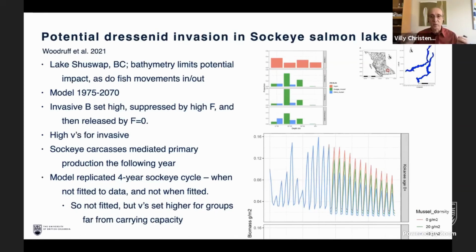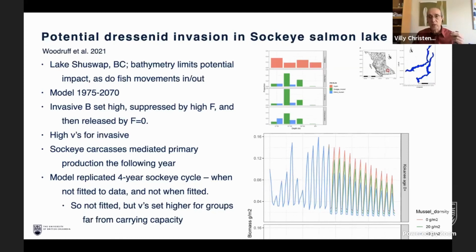There are several competitors in that lake, and she looked at how that worked. It was interesting. The model was able to replicate this 4-year sockeye cycle when it wasn't fitted to data. We couldn't do it when it was fitted. So we ended up not fitting them all to data, but changing some of the vulnerabilities to reflect that some groups were far from carrying capacity.